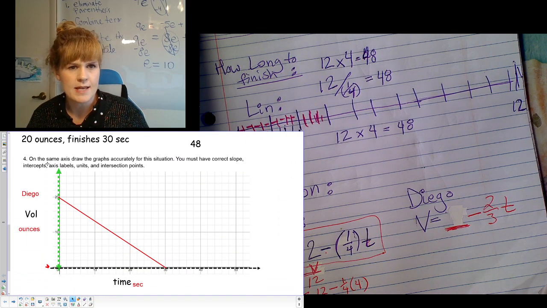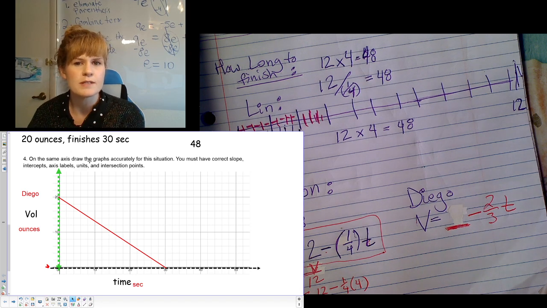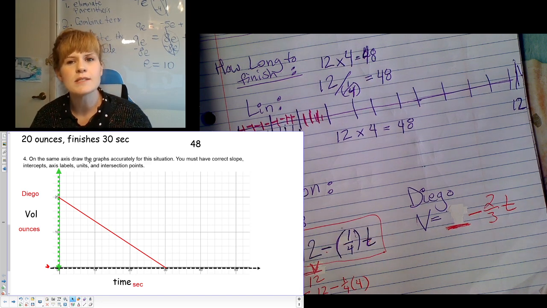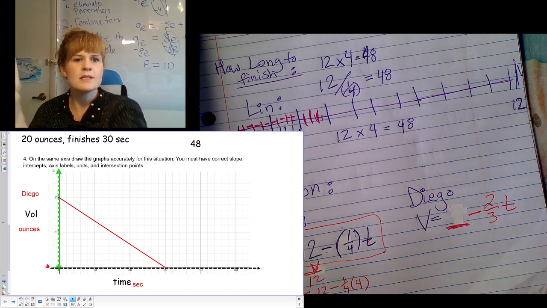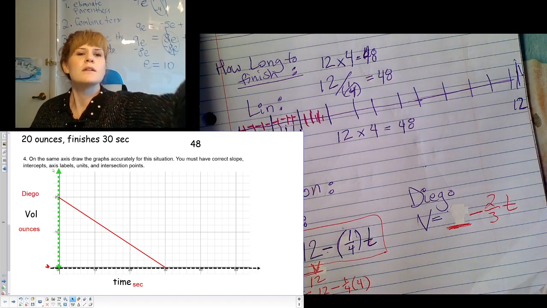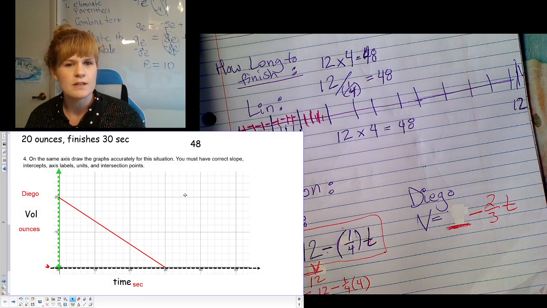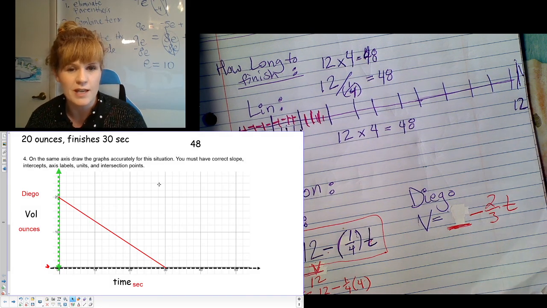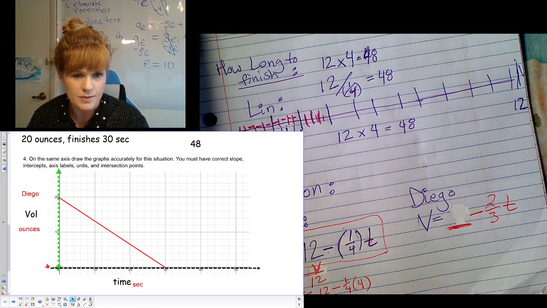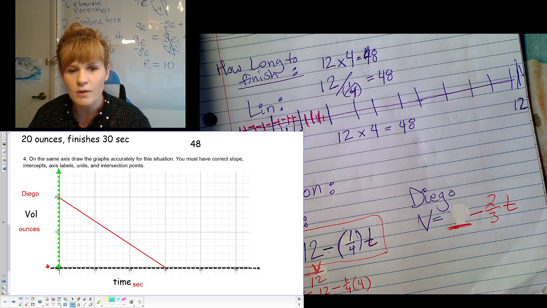Number 4 says, on the same axis, draw the graphs accurately for this situation. You must have correct slope, intercept, axes, labels, units, and intersection points. So I'm not joking, I'm grading you on all of those. Let me show you what I already have on my graph.